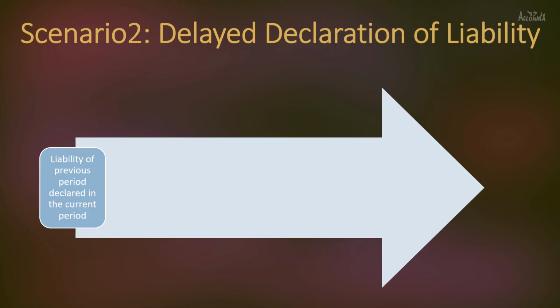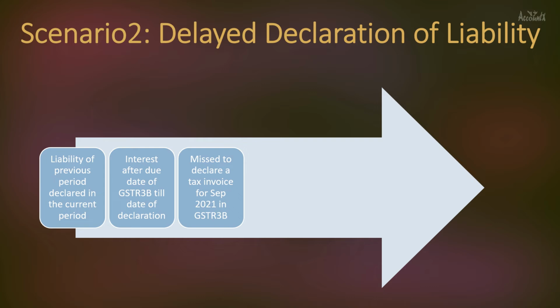Now the second scenario, that is delayed declaration of liability. That is, liability of previous tax period is declared in the current tax period. If so, interest would be applicable after the due date of GSTR3B till the date of declaration of liability. Let's say you missed to declare a tax invoice for September 2021 in your GSTR3B. You filed your GSTR3B for September on 20th October 2021, that is within the due date.